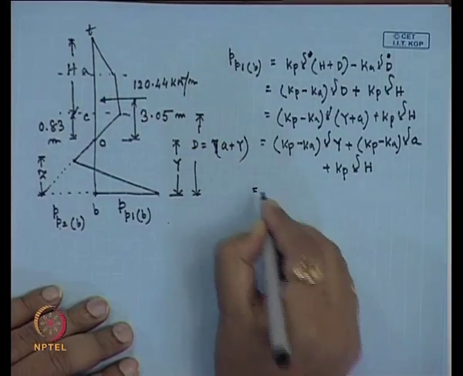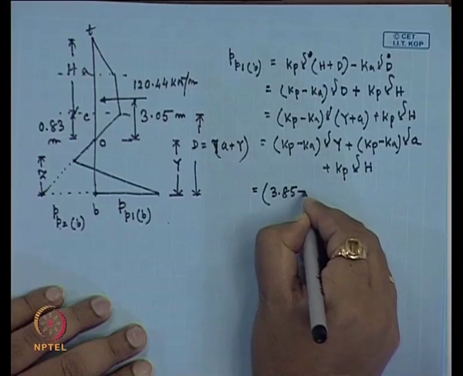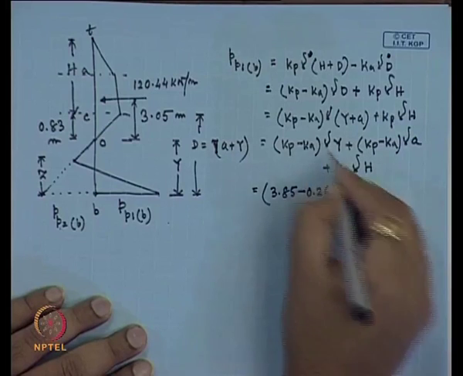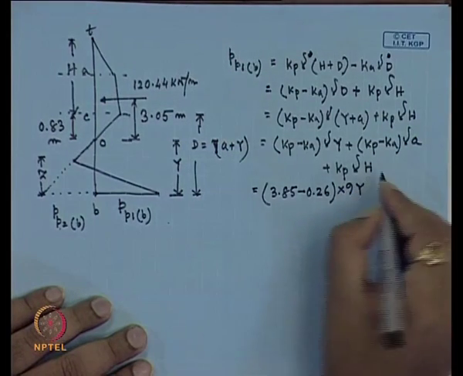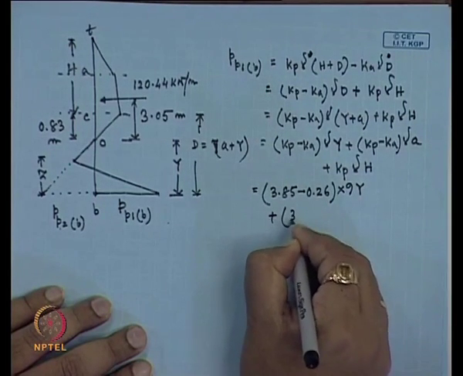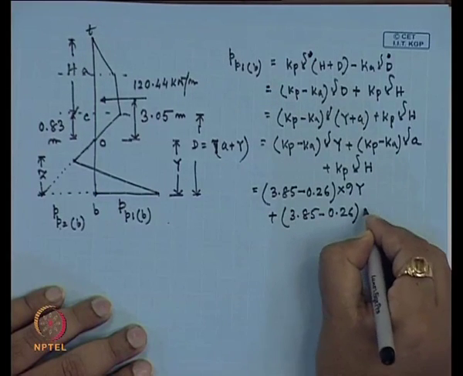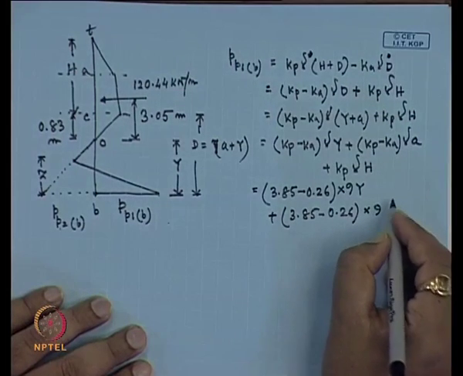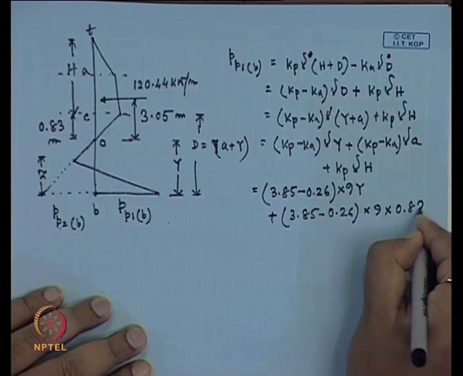So, if I put in the values, K P is 3.85, K A is 0.26, and gamma is 9 into capital Y. The next part is 3.85 minus 0.26 into 9 kilonewton per meter cube into A, which is 0.83.